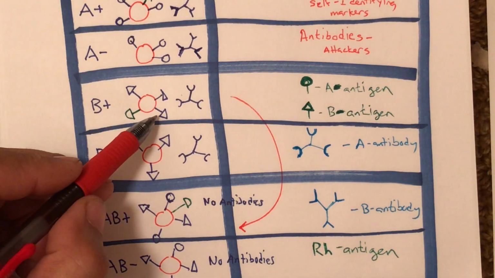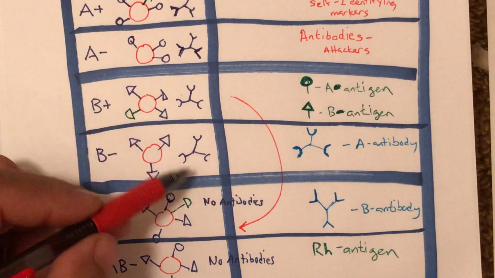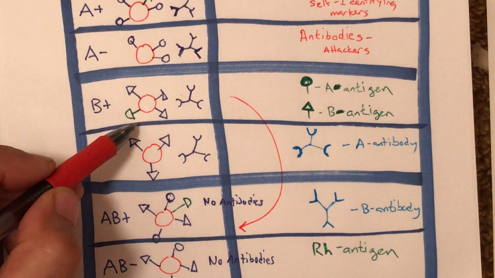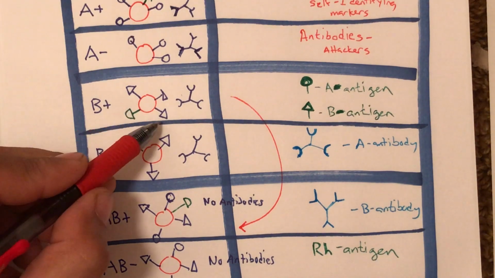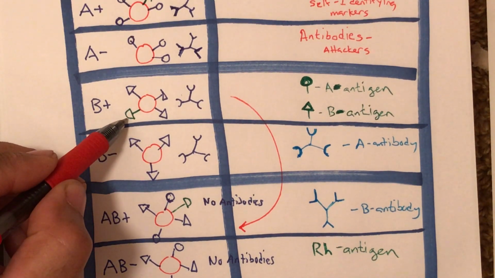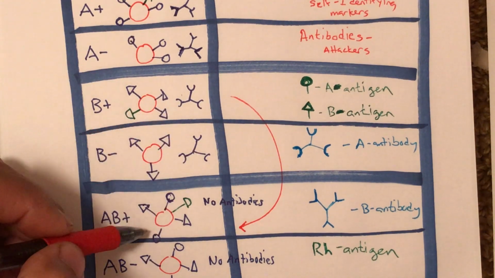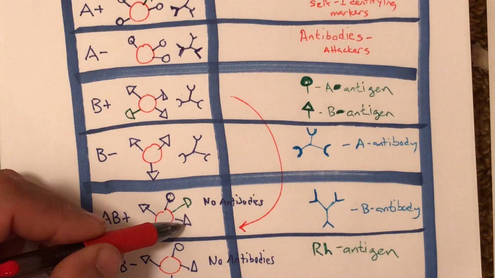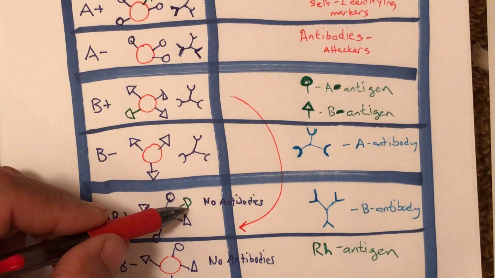There's another way you can look at this. You can ask yourself, is there anything foreign coming into this blood? Well, what does this person have? This person has triangular shape and D shape. Well, a person with AB positive blood also has triangular shape antigens and D shape antigens.